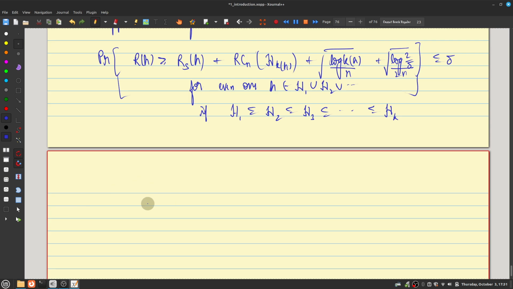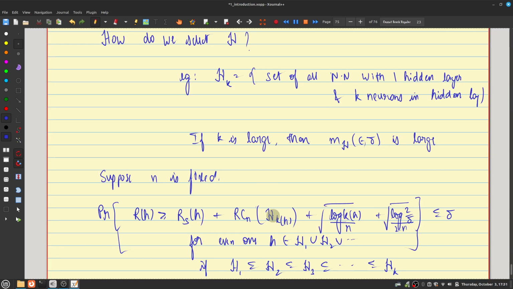right? So here's a different algorithm than empirical risk minimization. So minimize, okay, so I'm looking at a sequence of H_k's, right? You have H1, H2, H3, and so on. It goes on, potentially an increasing sequence.